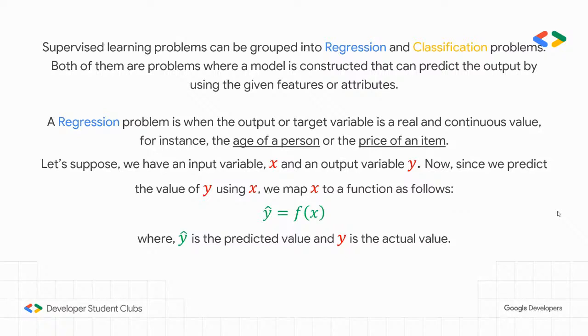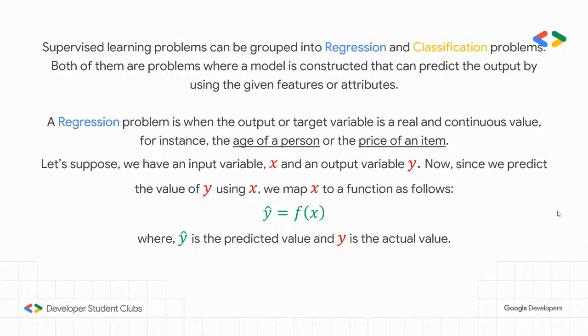Now, let's suppose we have an input variable x and an output variable y. x is our feature, y is our target variable. We need to predict the value of y using x. So we'll map our x, the input variable, to a function f, and f of x will be our predicted variable that we'll denote as y hat.